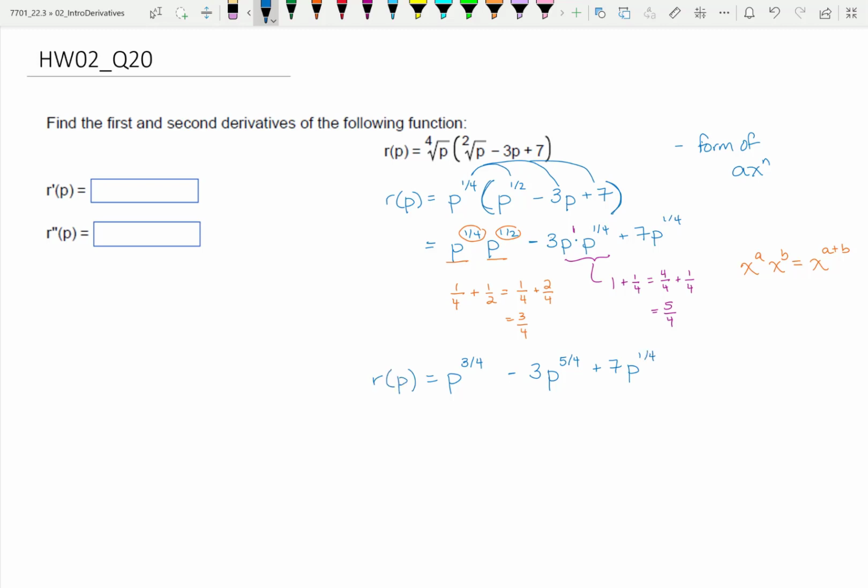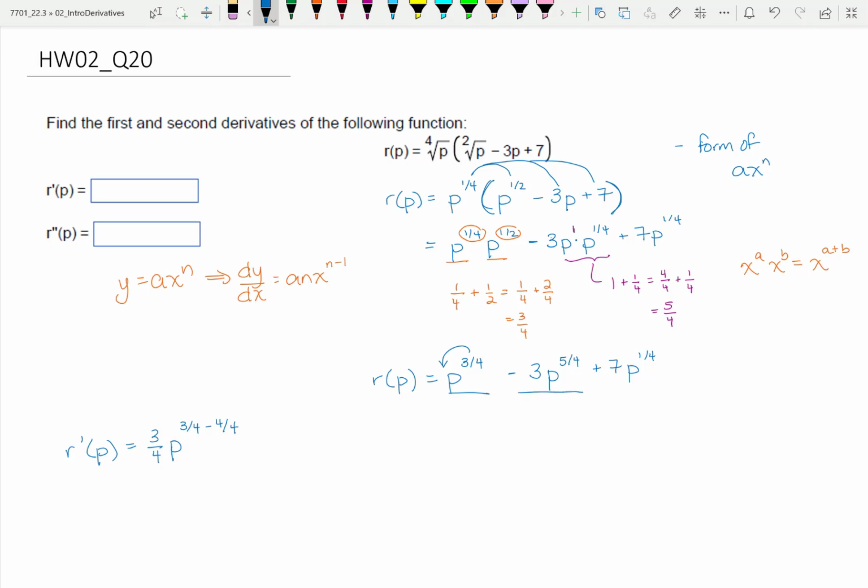So now I have rewritten my expression so that it's easier to just use the power rule of derivatives to do the derivatives here. So now the first derivative, using our power rule, where if we have y is equal to ax to the power of n, then dy by dx is equal to anx to the power of n minus 1. So for our first term here, I'm going to pull back that exponent, 3/4, p to the power of 3/4 minus 1 or minus 4/4.